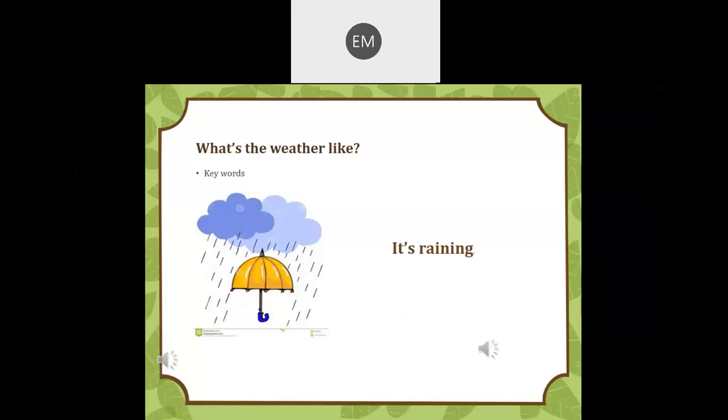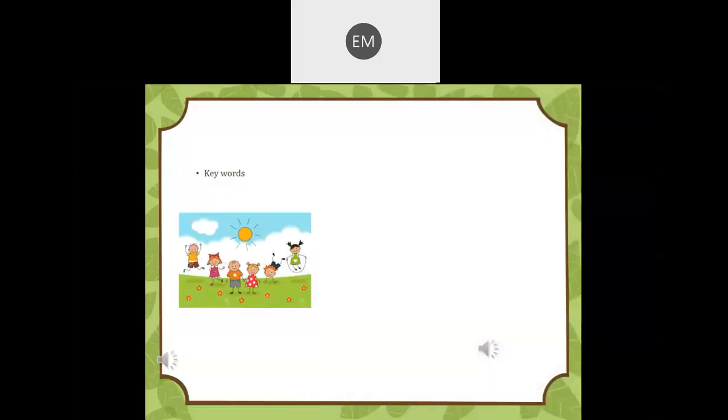It's raining. And this one, for example, it's sunny. Sunny, sunny. And it is hot, hot. This is miming, yes. Techniques for conveying the meaning. And also you give them codes.